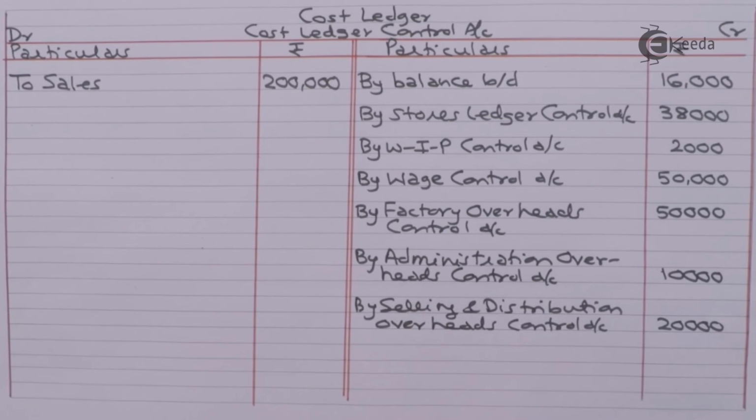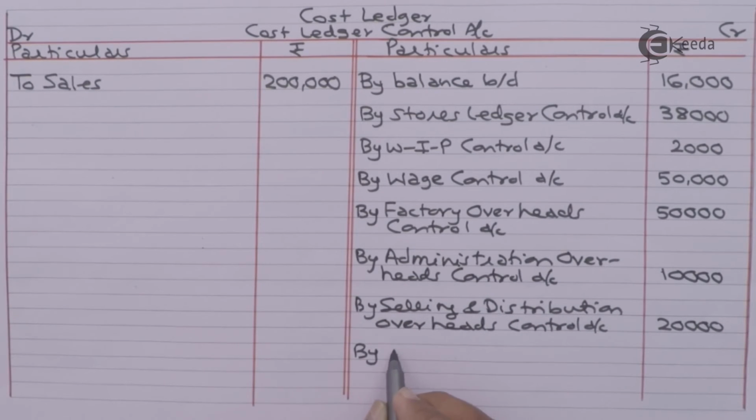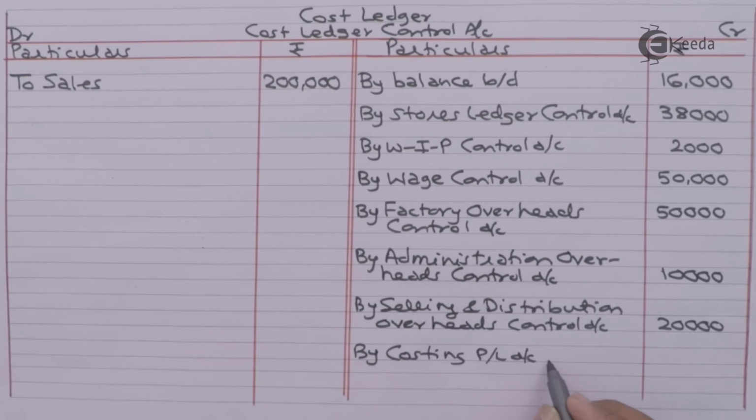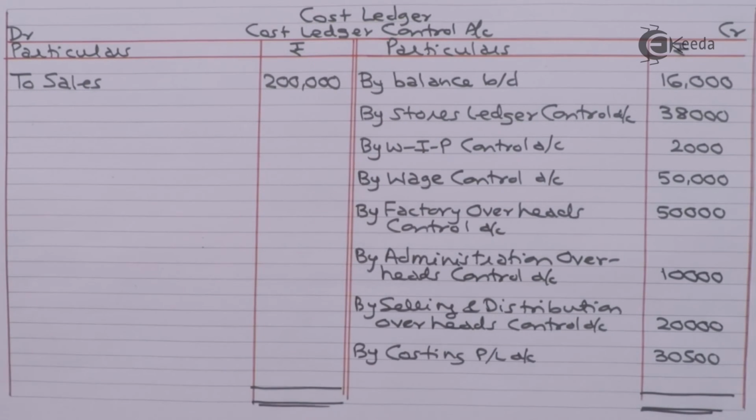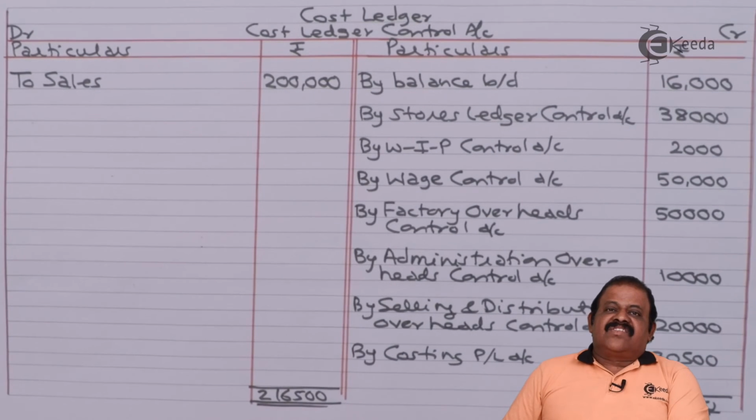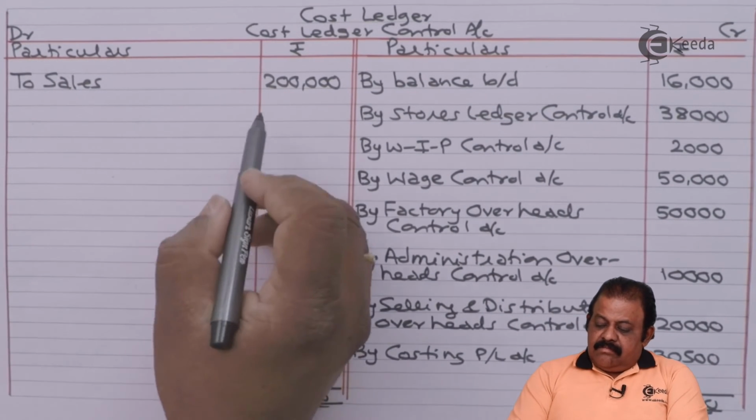Cost ledger account credit side, by costing profit and loss account, 30,500. We can close now cost ledger control account, 2,16,500.